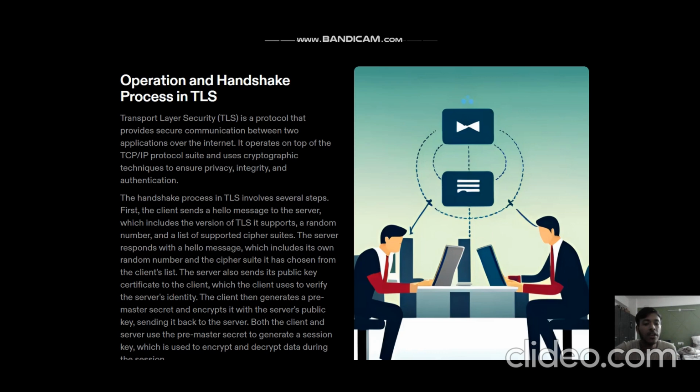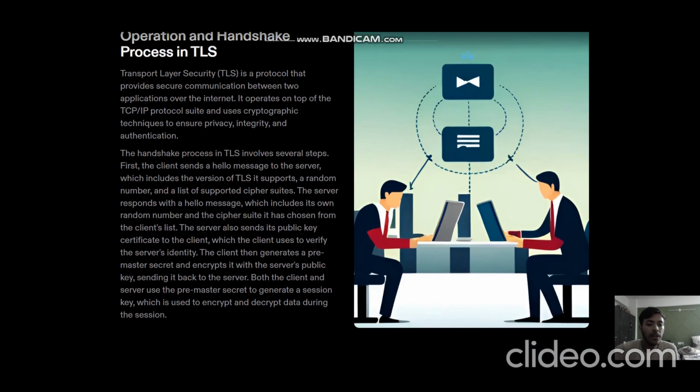The client then generates a pre-master secret and encrypts it with the server's public key, sending it back to the server. Both the client and server use the pre-master secret to generate a session key, which is used to encrypt and decrypt data during the session.